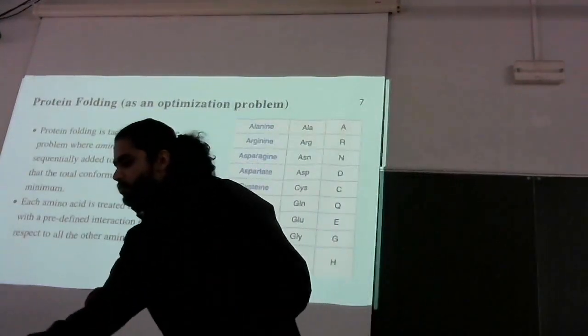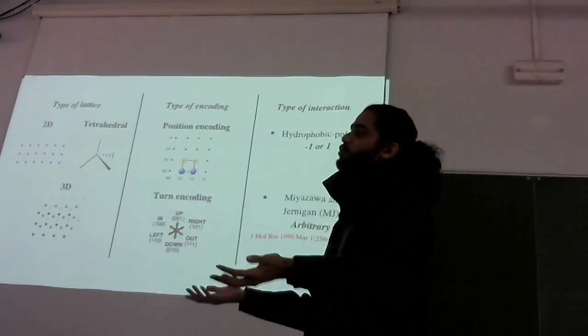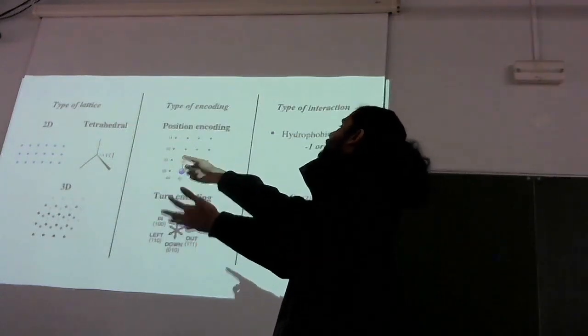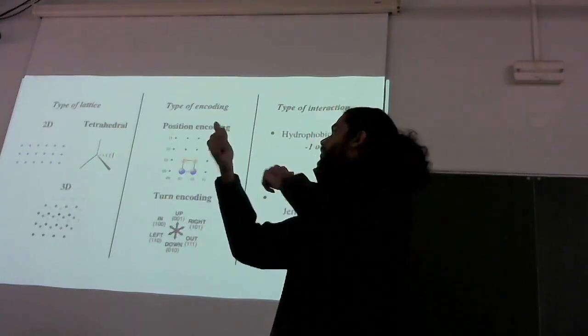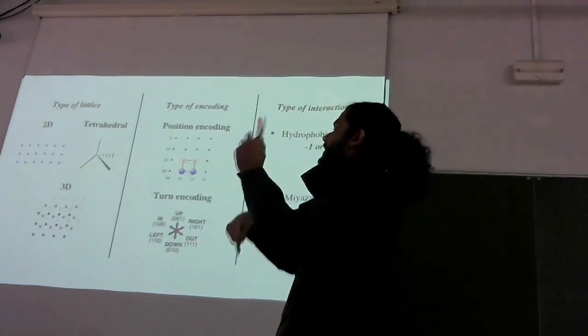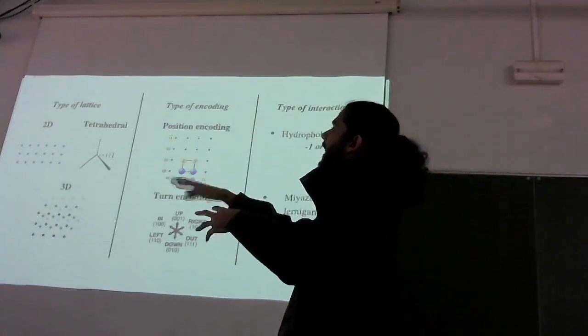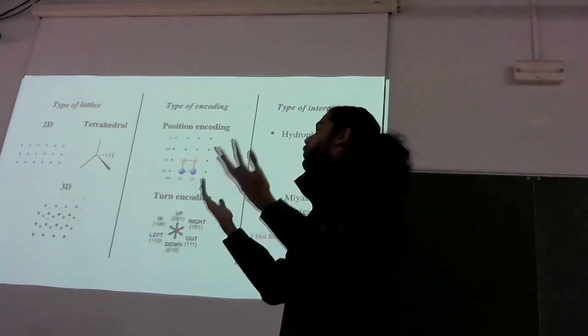There are 3 important things that we have to decide before approaching the problem. First is the type of lattice: you can do 2D, 3D, or tetrahedral. In 2D we have 4 directions to go, in 3D we have 6 directions, and in the middle there is a tetrahedral lattice, where you have a 3D structure but still 4 directions to go.